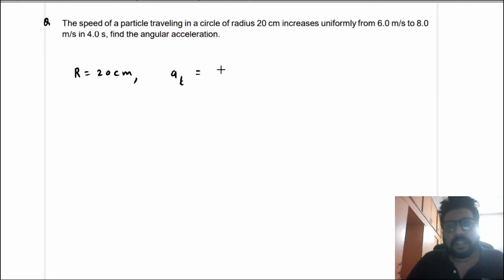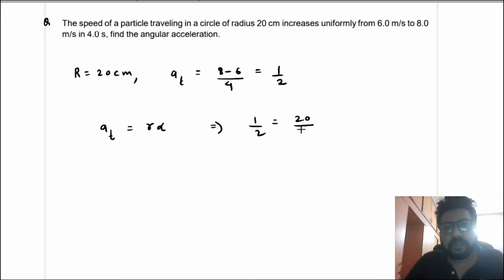That is AT is equal to (8 minus 6) by 4, that is half. So for angular acceleration, you know that AT is equal to R alpha. So from this you will get half is equal to 20 by 100, because radius is given in centimeter, multiplied by alpha. So you will get alpha is equal to 5 by 2 radian per second square.